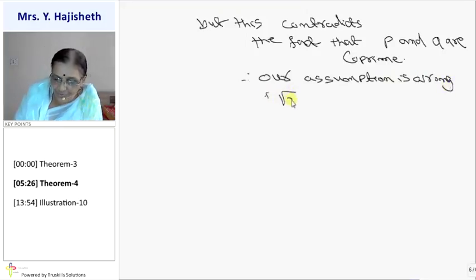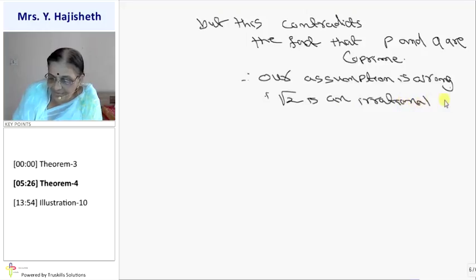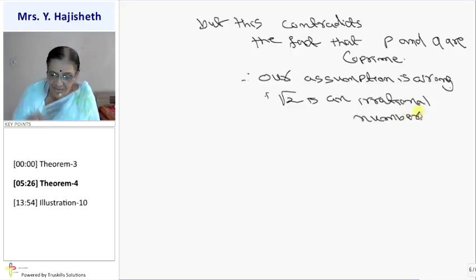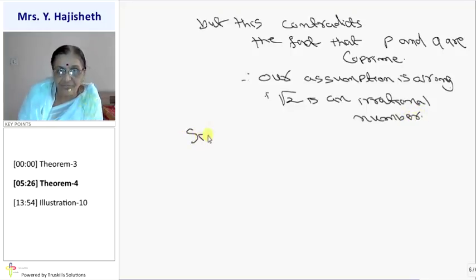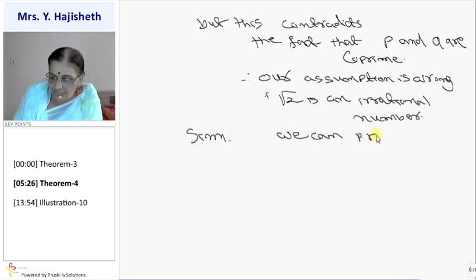Therefore, root 2 is an irrational number. Clear? Now, similarly, we can prove root 3 is an irrational number. फर्क क्या आएगा प्रूफ में?